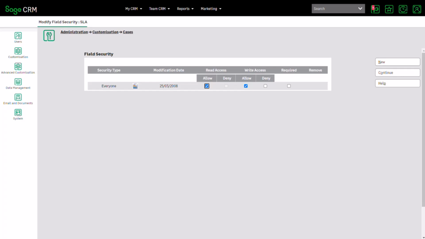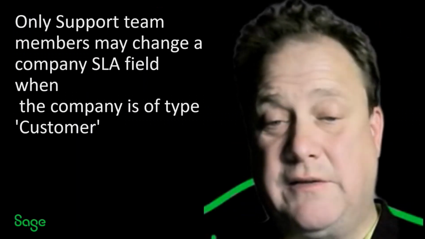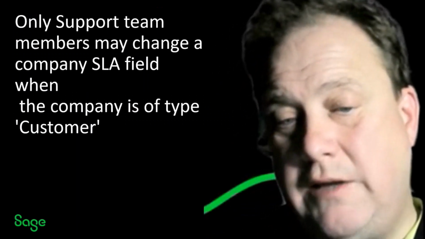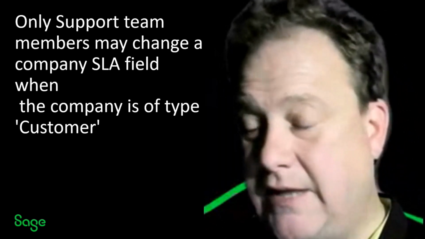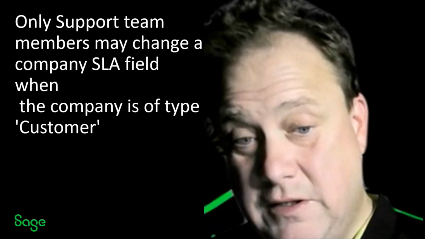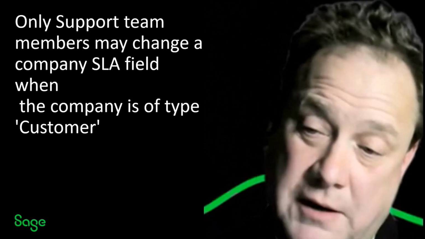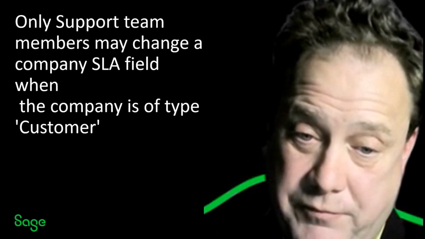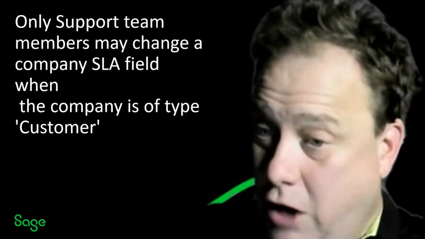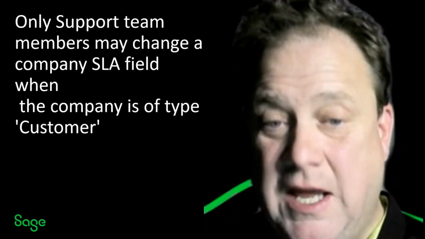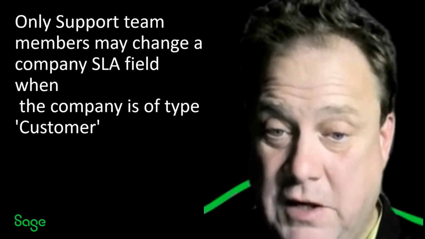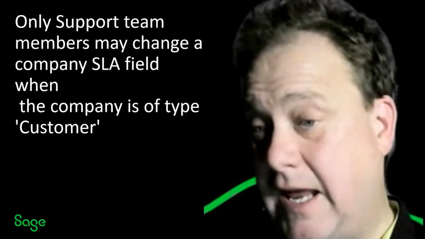So I want to set a rule on this field that says, well, what if? And that rule is this: only support team members may change a company SLA field when the company is of type customer. Now, with the codeless mechanism that we saw, I could actually say only support team members can change a company SLA field.